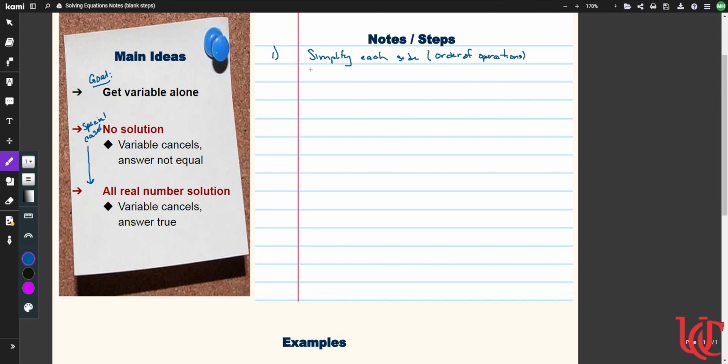Then once you've simplified each side, move variables to one side and numbers to the other, by doing the opposites. So that's our first step, and that would be our second step. Then you'll get the variable all by itself and you'd be done with the problem.